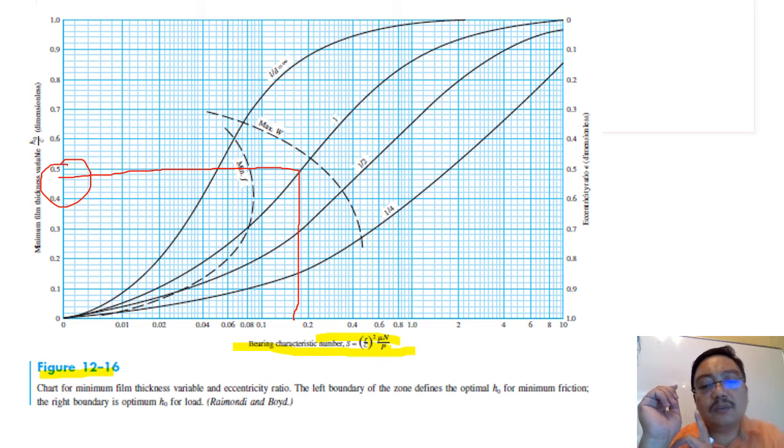Never forget to calculate the formula for the Sommerfeld number. And then you have to know how to read the graph, because everything is connected. You will start with 12.16 up until 12.20-something. Okay, you begin with figure 12.16 until the final figure 12.30-something.